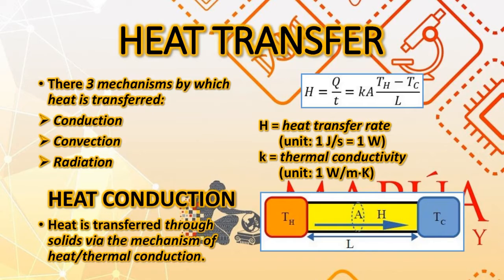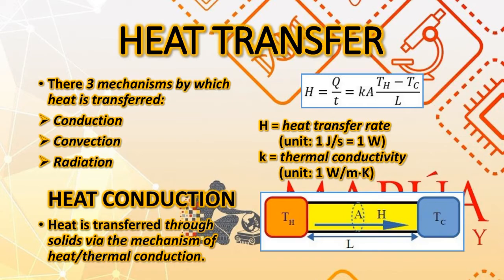You have heat transfer rate H. Heat transfer rate tells us how fast the heat is flowing from one side of the solid object to the other side. Unit is joules per second or watts.